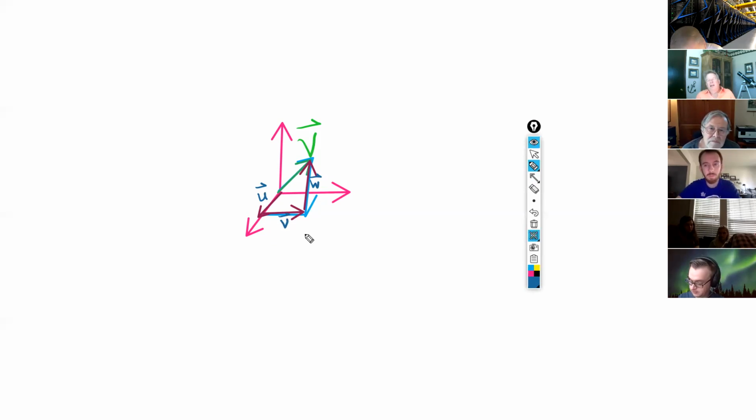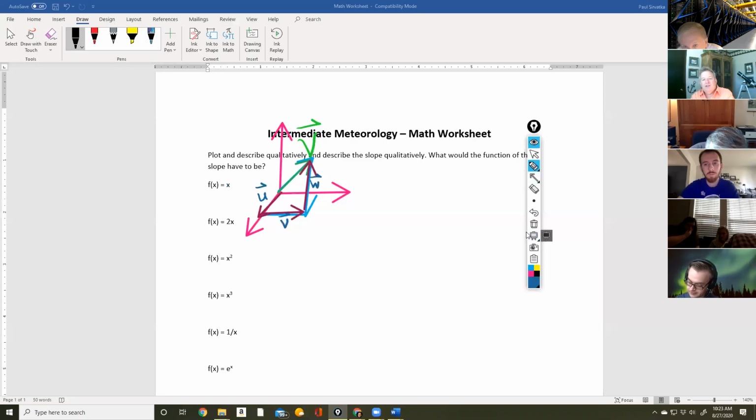So all I'm doing with U, V, W, zonal, meridional, and vertical, is breaking a three-dimensional vector into its components. Three-dimensional, not two. I'm breaking it down into its single-dimensional components: the U, the V, and the W component.